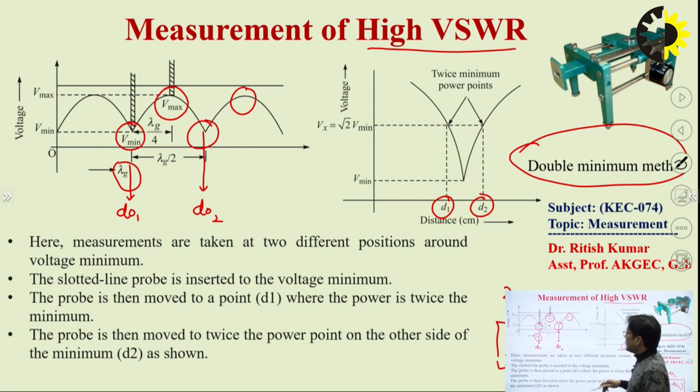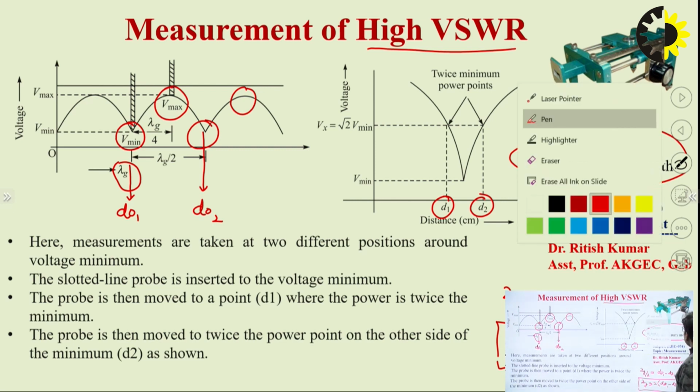If we consider the separation between one minima and one maxima, then it would always be equal to lambda g by 4, so in that case we have to take 4 times the separation between the minima and maxima. That is the basic concept of considering the minima and maxima. So here we are dealing with the two minima points, that's why we call it the double minima method.